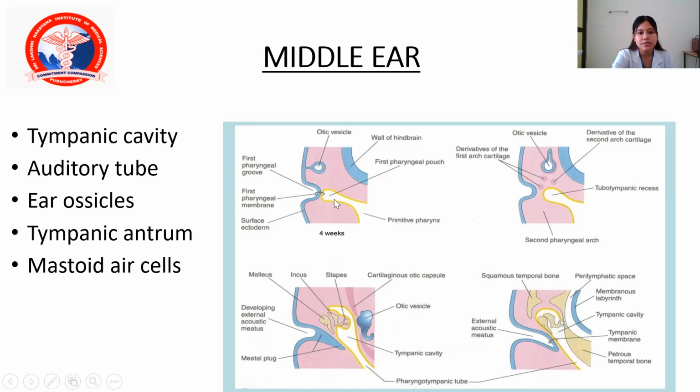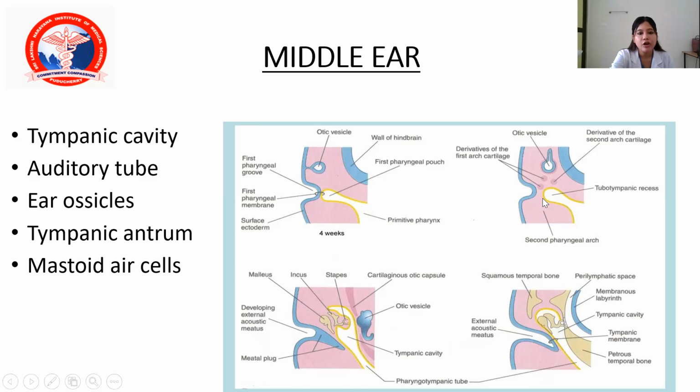Now what happens in this picture? What you're seeing is the first pharyngeal pouch. This first pharyngeal pouch will develop into a recess known as the tubotympanic recess.